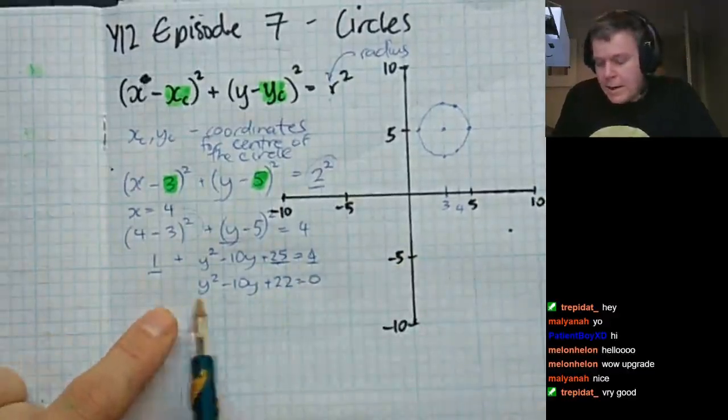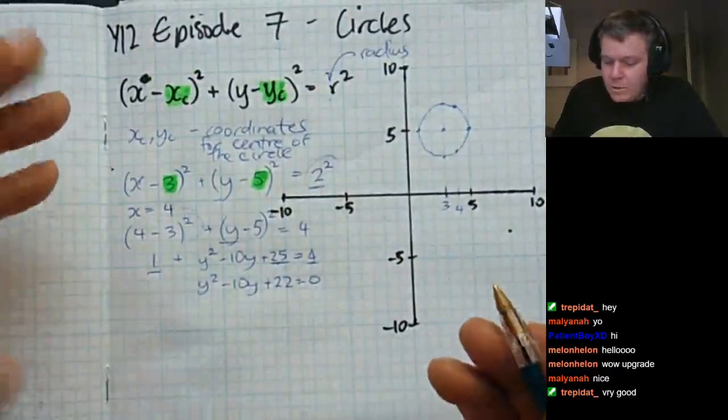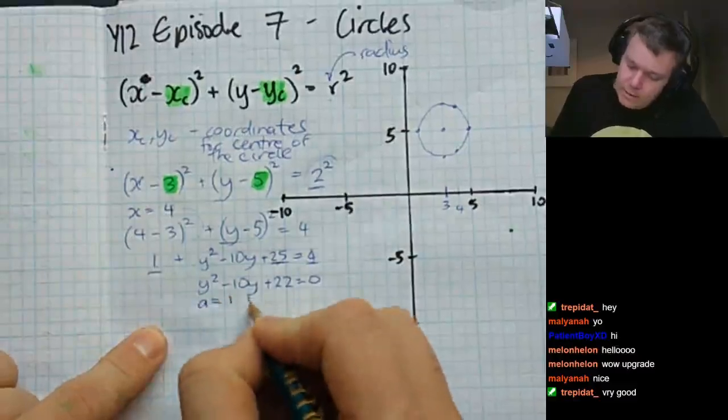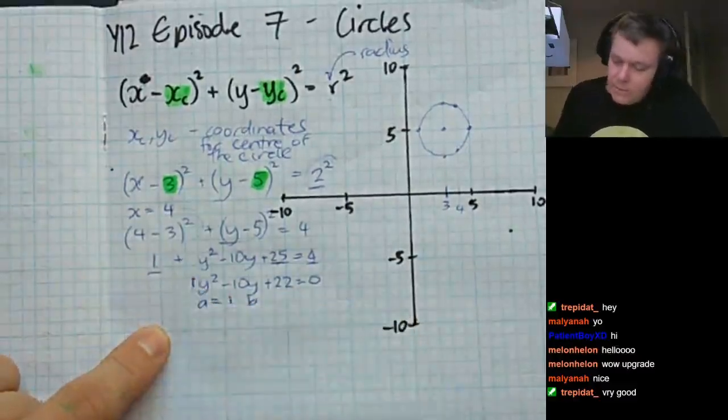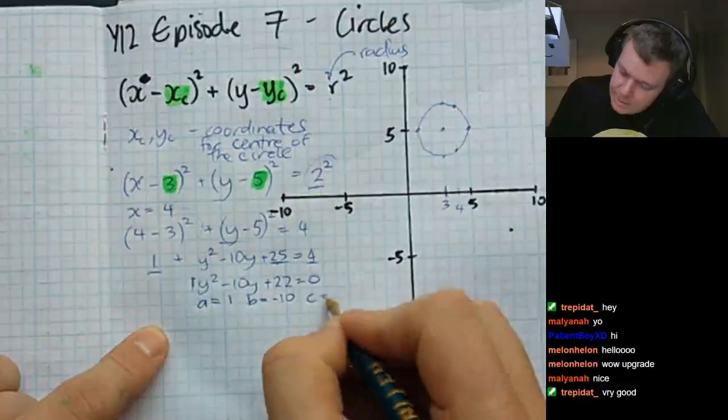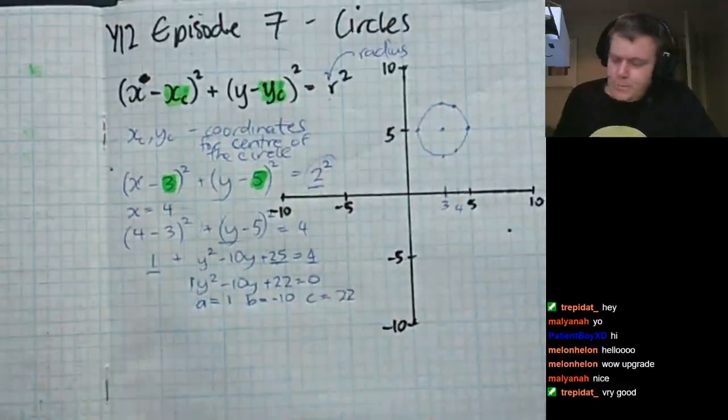Now we've got our equation in quadratic form. Our a is going to be 1, because there's an invisible 1 there. Our b is going to be negative 10, and our c is going to be 22.